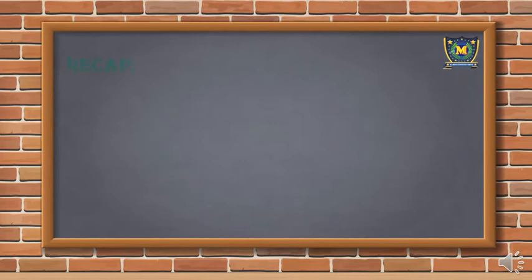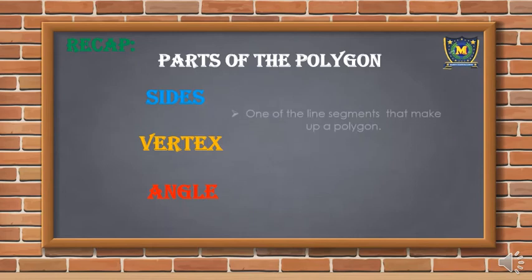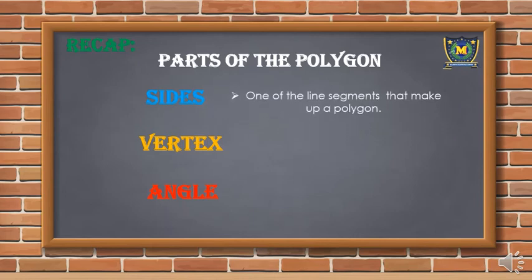And now let's have a recap about the parts of the polygon. Again, there are three parts of the polygon, and these are the sides, vertex, and the angle. When we say sides, it means one of the line segments that make up a polygon. The next is vertex. It means the point where two sides met to form an angle.